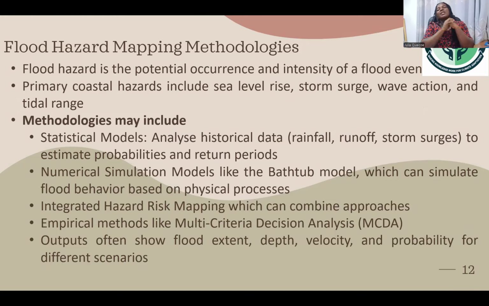Okay, so let's quickly have a look at flood hazard mapping methodologies, right? Once we have spoken about the flood hazard, the hazard, like we have seen, looks at the potential occurrence and the intensity of a flood event when it comes. And primary coastal hazards may involve sea level rise, storm surge, wave action, and tidal ranges. So when we are looking at these primary coastal hazards, what are some of the methodologies we can use in analyzing them?